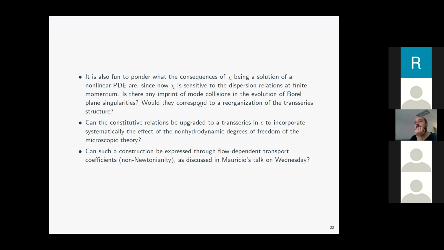I don't know what they would correspond to. Maybe they correspond to some reorganization of the trans-series, but it would be nice to understand whether that's possible first, and second, whether that has any physical meaning, so that you can maybe ascribe novel physical meaning to mode collisions, for instance. That would be something that I would definitely love to understand.